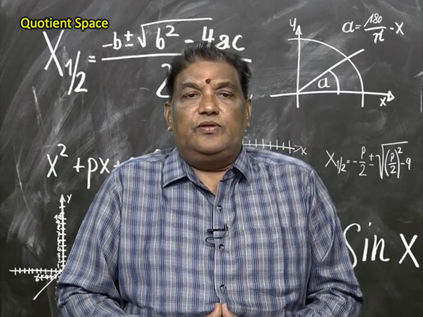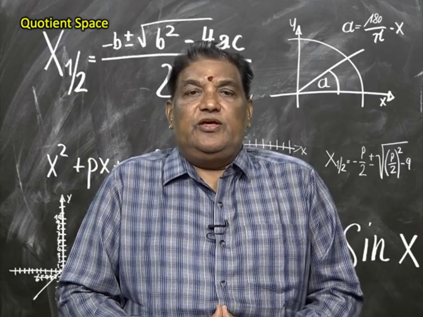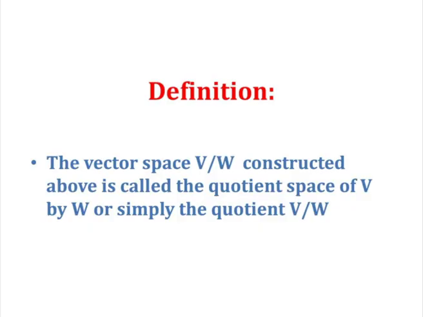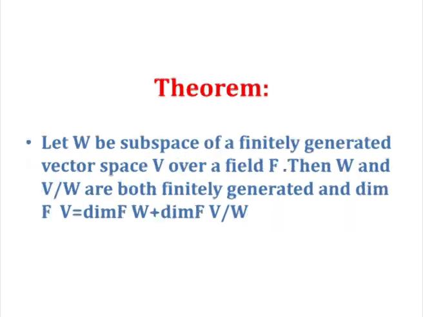Definition: the vector space V/W constructed above is called the quotient space of V by W, or simply the quotient space V/W.